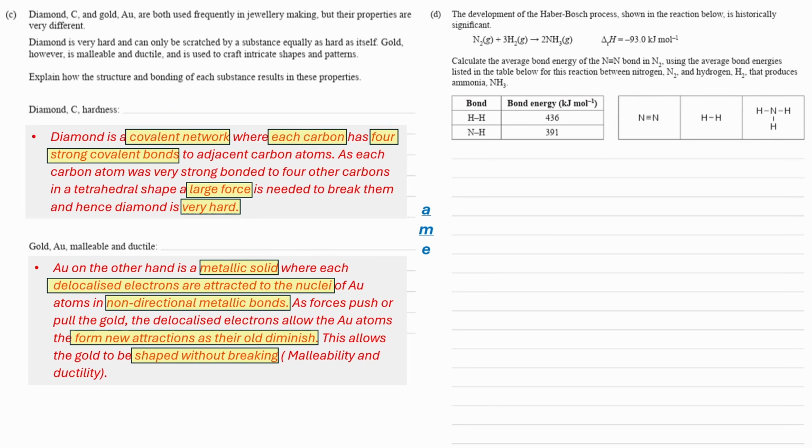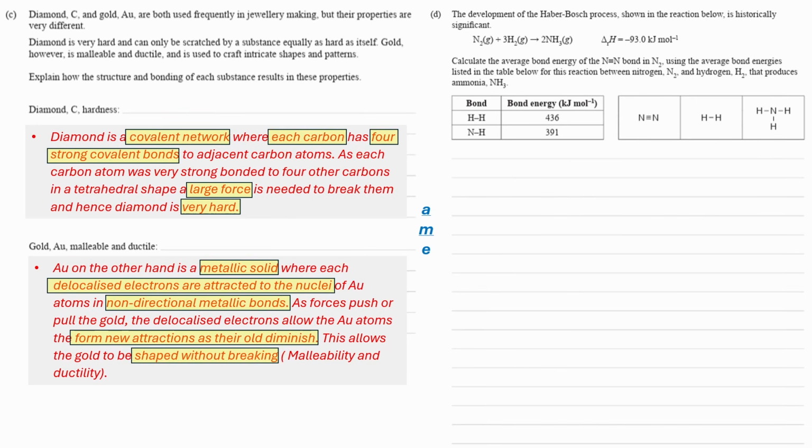Okay, so the last question, we're going to expect this question in every paper, is we need to do a bond energy calculation. So, the development of the Haber-Bosch process, shown in the reaction below, is historically significant. Nitrogen plus 3 hydrogens goes to 3 ammonia, and it produces energy, negative 93 kilojoules per mole.